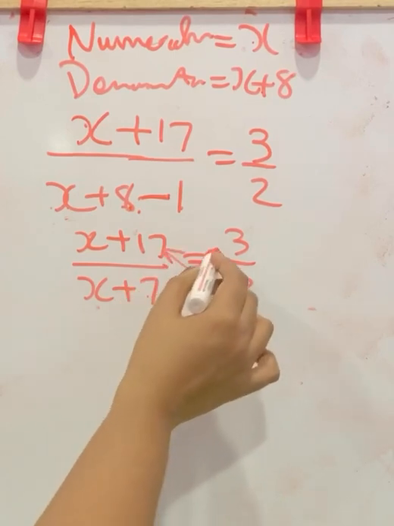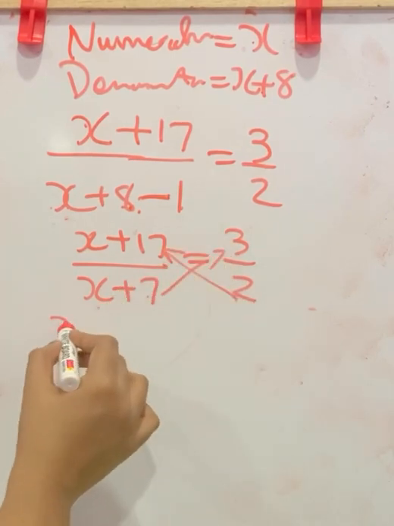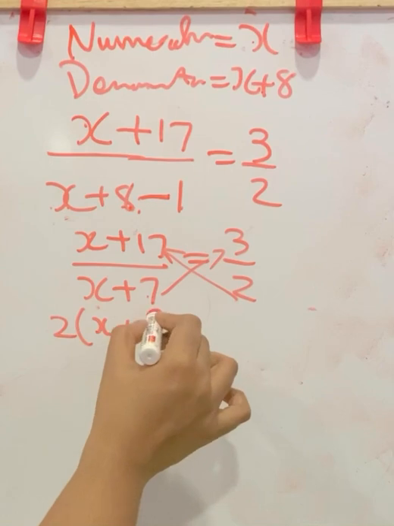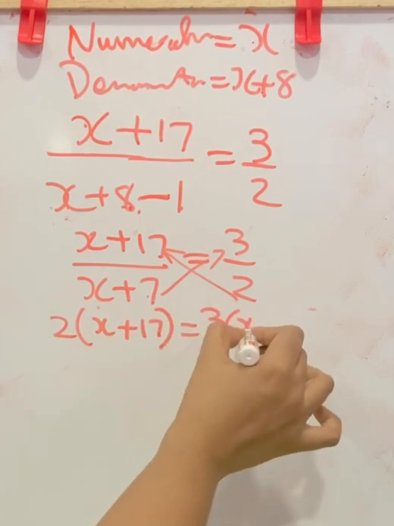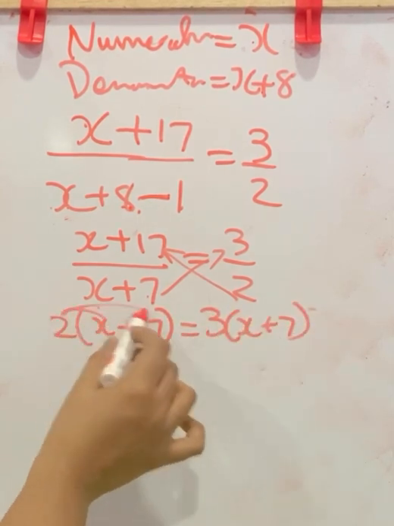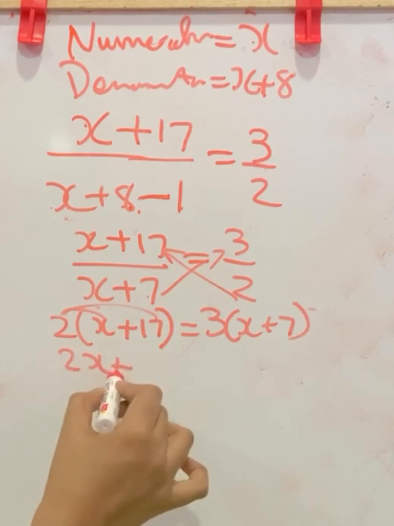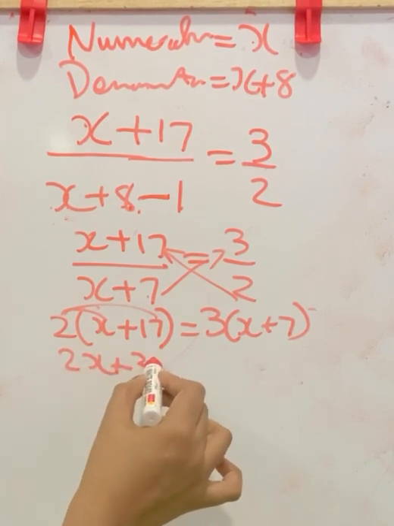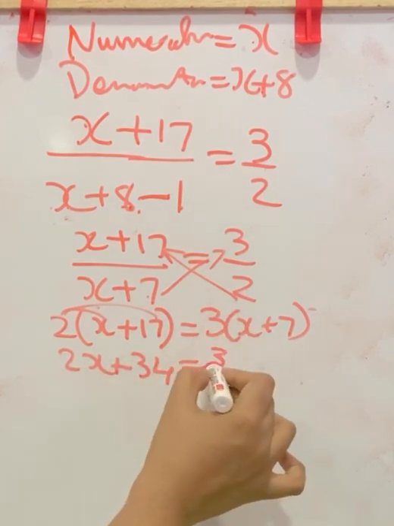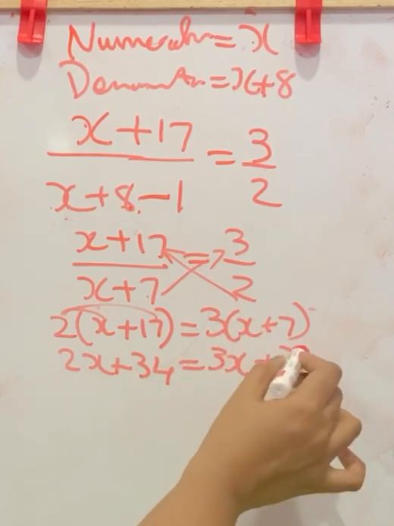We can rewrite it as a linear equation. So 2 into x plus 17 is equal to 3 into x plus 7. Now open: 2x plus 17 into 2 is 34 is equal to 3 into x is 3x plus 3 7s are 21.